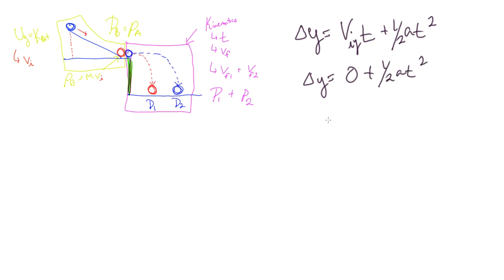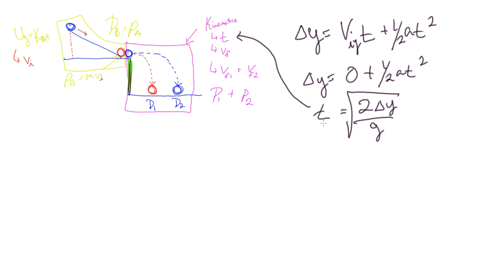Rearranging this, a little bit of math magic, you get the time it takes to fall equal to the square root of 2 delta y over g. Multiply by 2, divide by g, and you can find time.